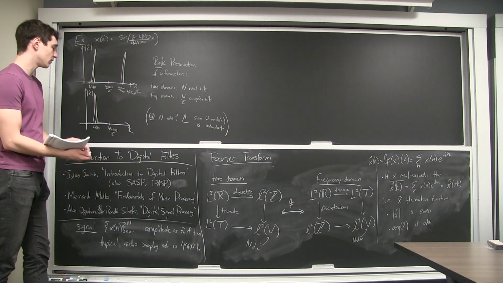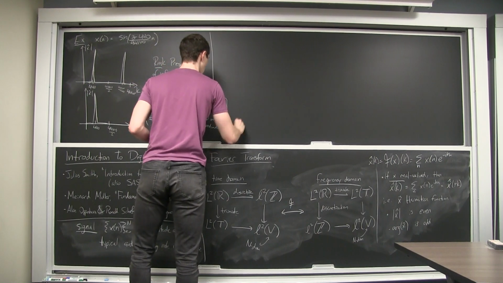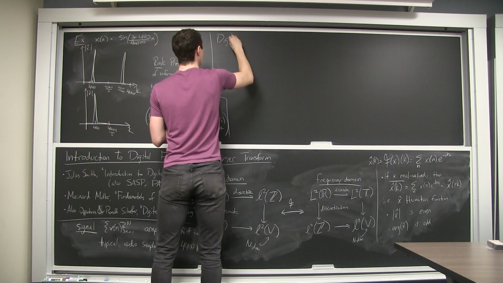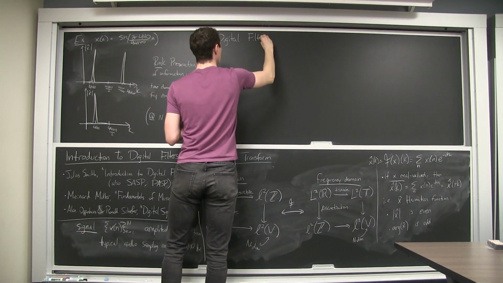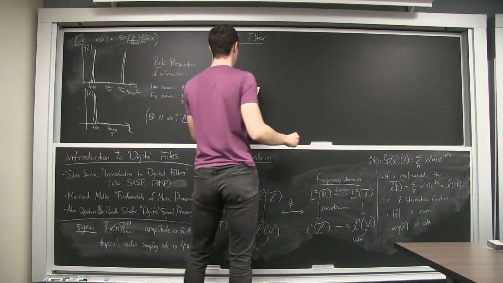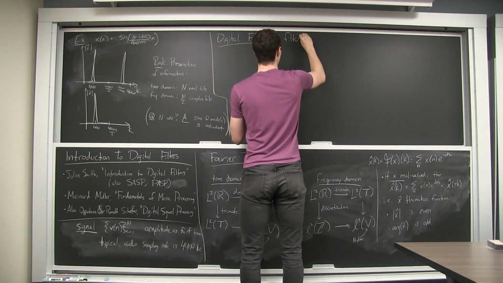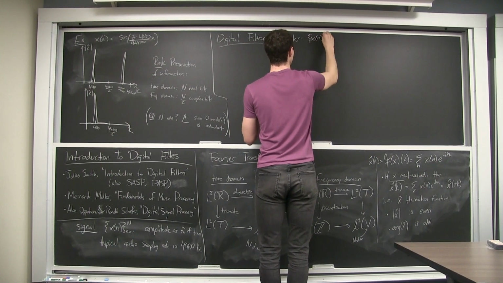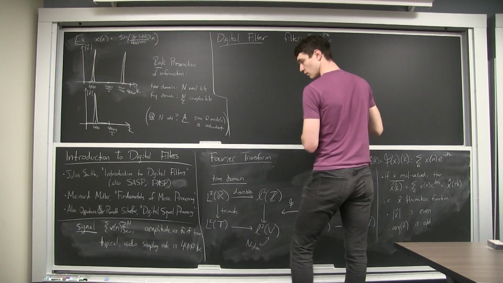All right, now let's get into the actual main subject of the talk, which is digital filters. So, for us, a digital filter is going to be something that takes an input, what do we call them?